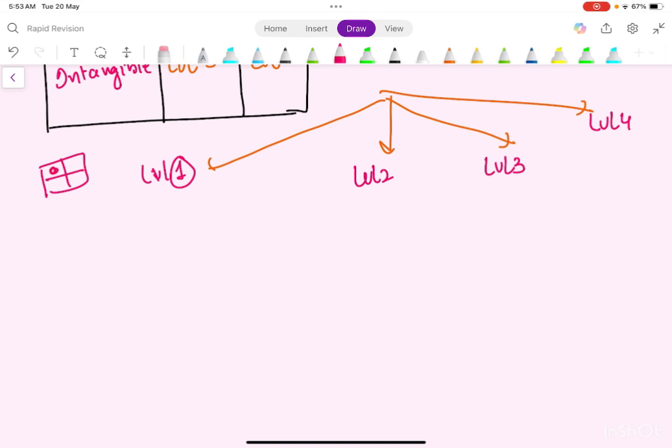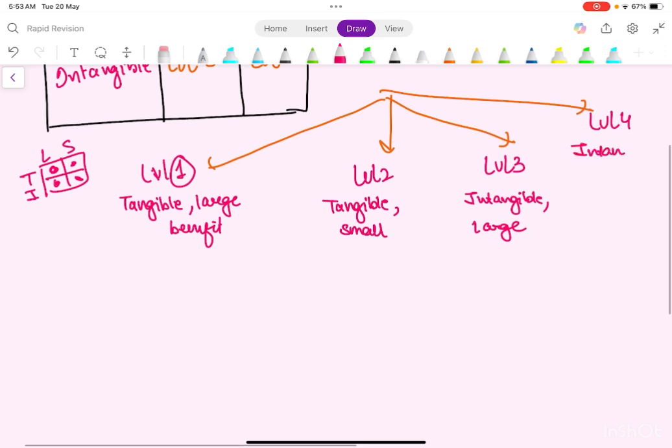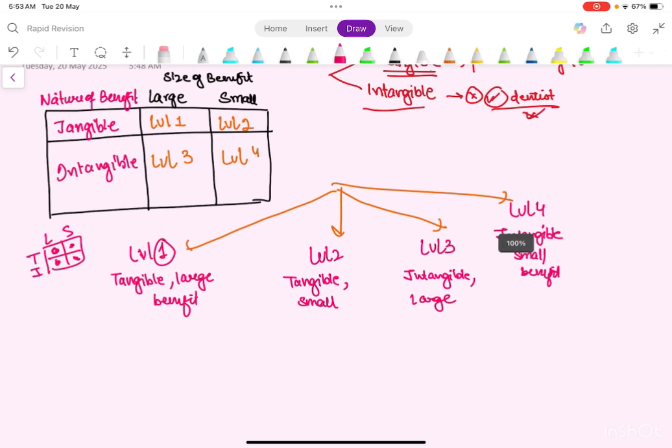Level 1 was here: tangible and large benefit. Then level 2 was somewhere here: tangible and small. Then level 3 was here: intangible and large. And the 4th was here, which was the worst of all, the least of all: intangible and small benefit.